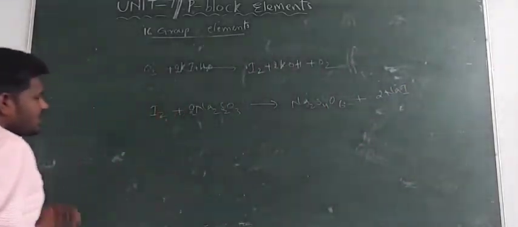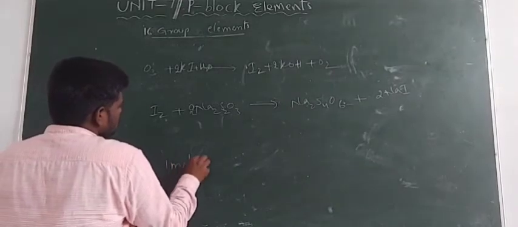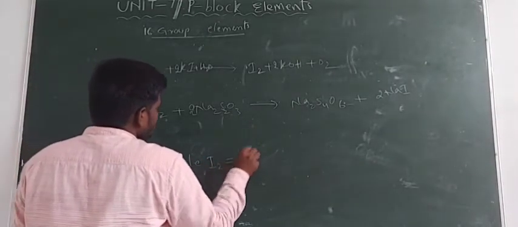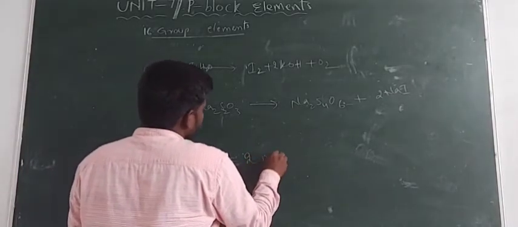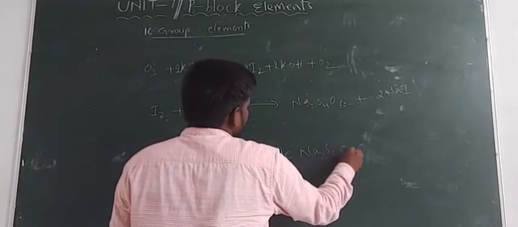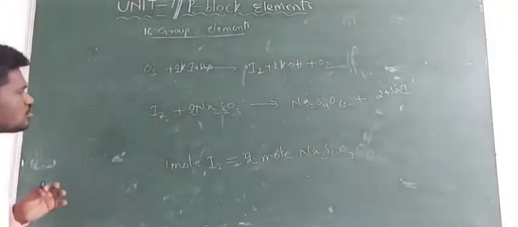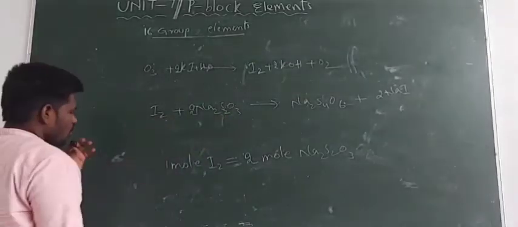So you see guys, in this reaction 1 mole of iodine completely reacts with 2 moles of Na2S2O3. So 2 moles of Na2S2O3 are required to react with 1 mole of I2.